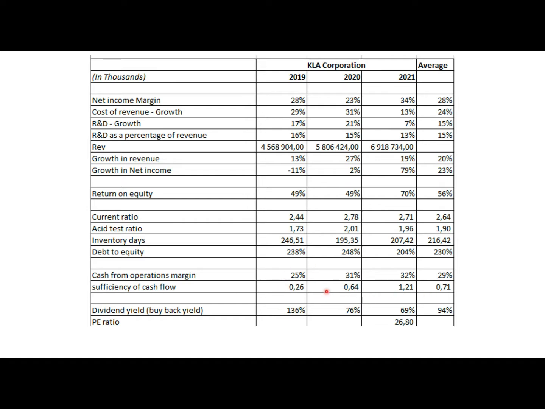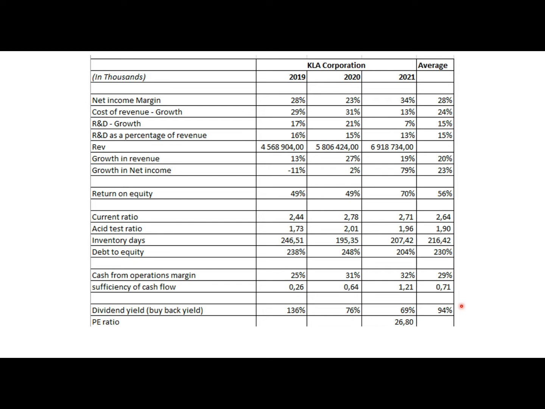It is supported by the growing cash margins, the fact that KLA can convert revenue into actual cash that it will then use to fund operations, and KLA does have more than enough, actually above the industry average, to fund all operations. So a very good and appropriate ratio in my point of view.